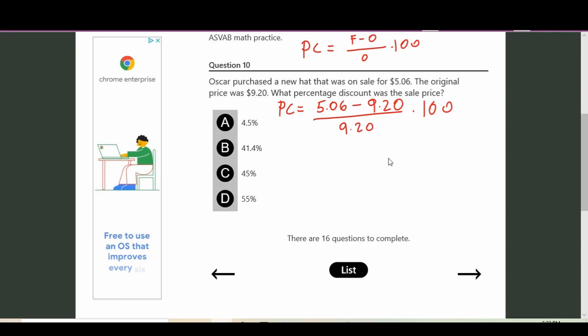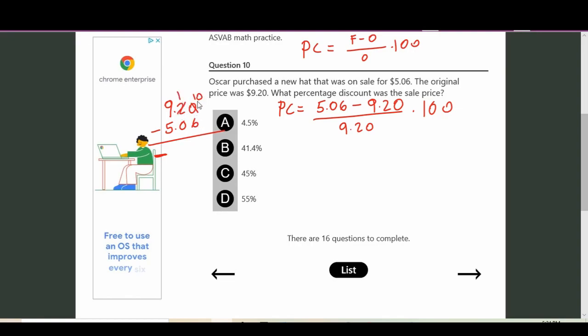So as you can see right away, I've got to deal with 506 minus 920. I'm going to work that off to the side. The way you do subtraction with decimals is like this. You take the bigger number, which is 920, subtract 506 from it, line up your decimals, and we know this result's going to be negative because 920 is bigger than 506. 0 minus 6 I can't do, so I have to borrow 1 here. This becomes 1.